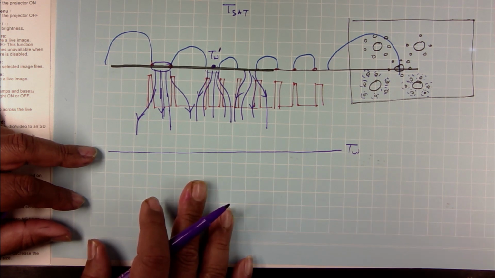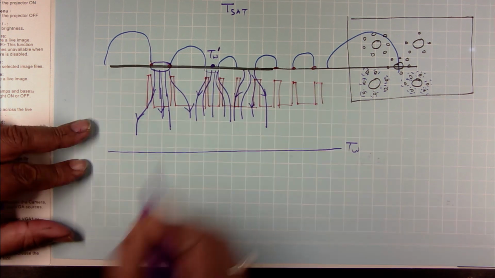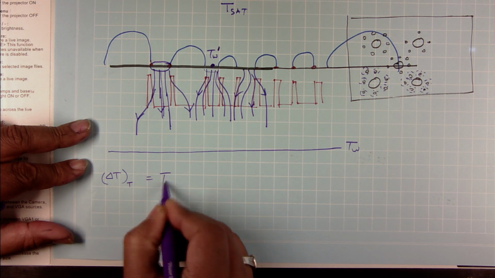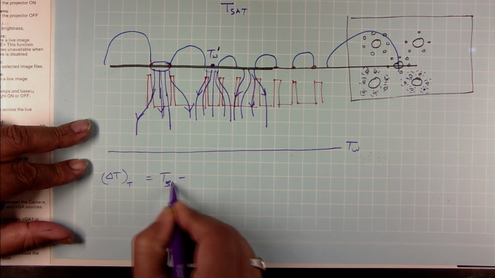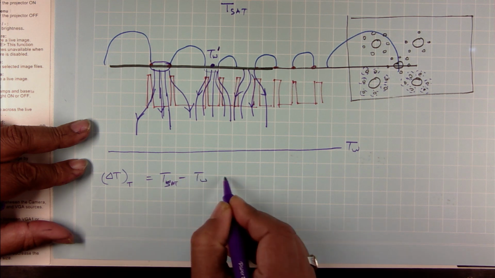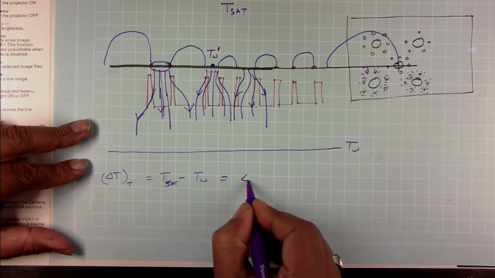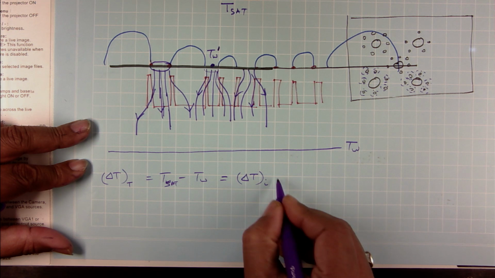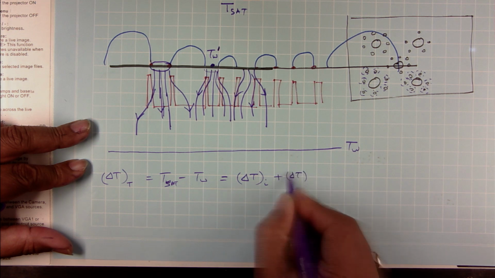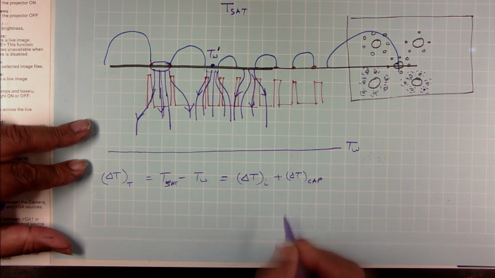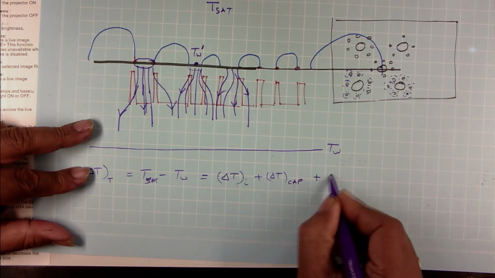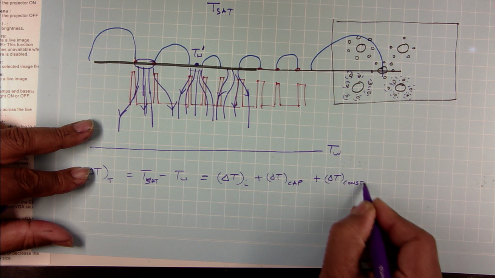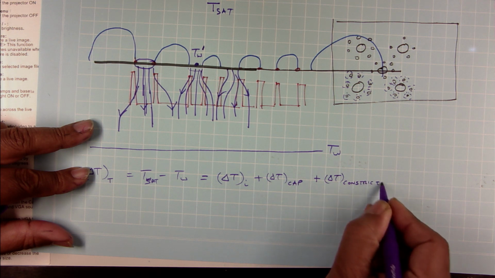Okay. So therefore your total temperature drop, which is T sat minus T w, has three components. There is a delta T interface, there is a delta T due to capillarity, and there is a delta T for what is known as constriction resistance.